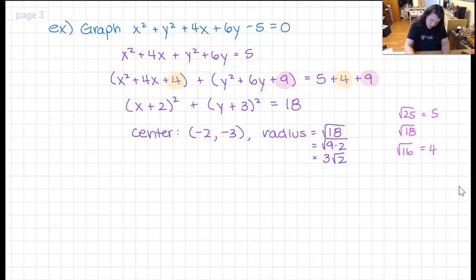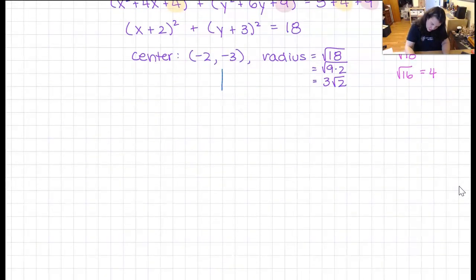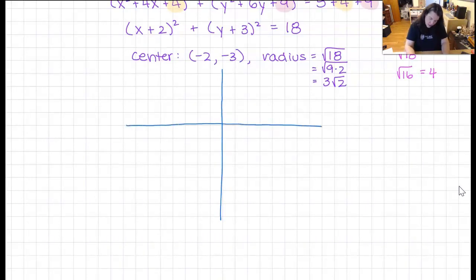So let's go ahead and graph it. I'm trying to plan ahead here. Let's scroll up just a little bit. -2, -3, there's my center, and then I'm going to go to my north, south, east, west points.